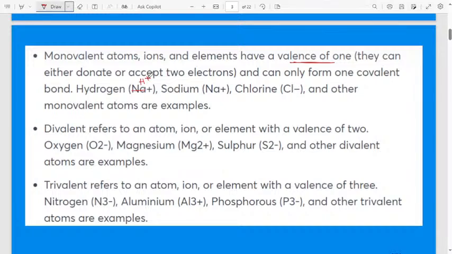Monovalent means the atom has a valency of 1. Divalent means atoms, ions or elements having a valency of 2. Trivalent atom means an atom, ion or element with a valency of 3. Examples: nitrogen N3 minus, aluminum Al3 plus, phosphorus P3 minus, and other trivalent atoms.